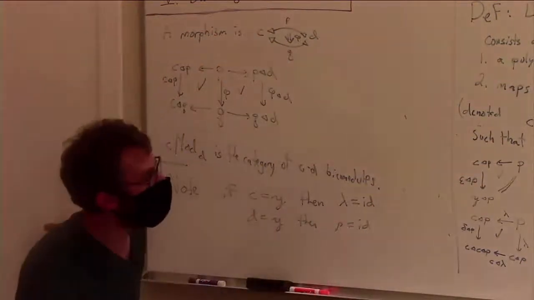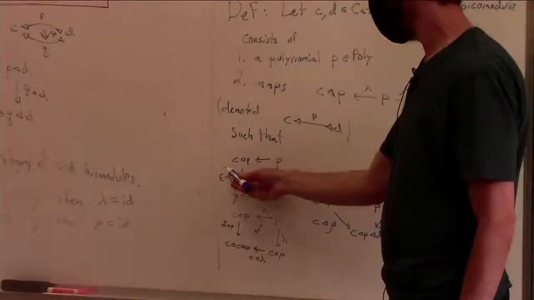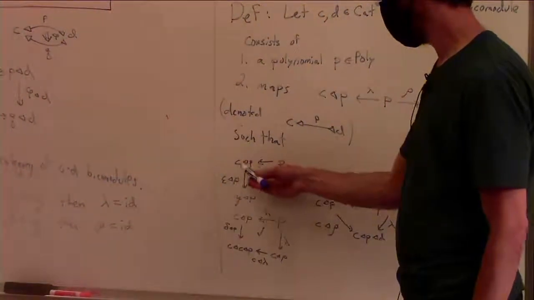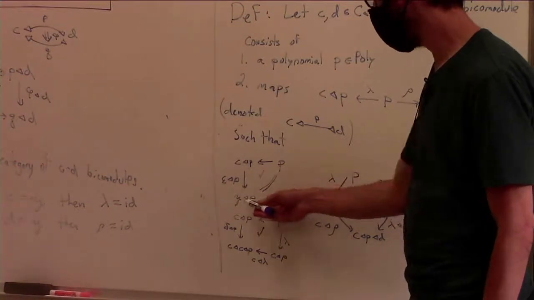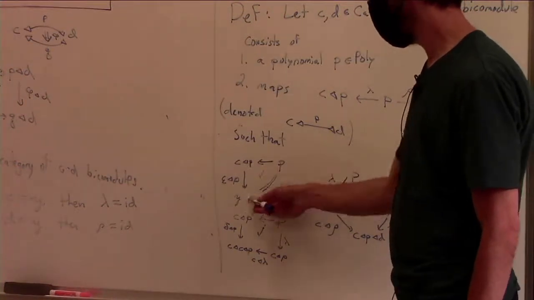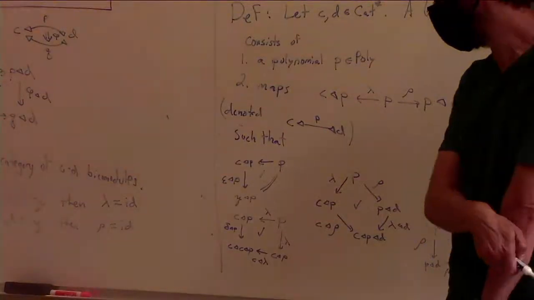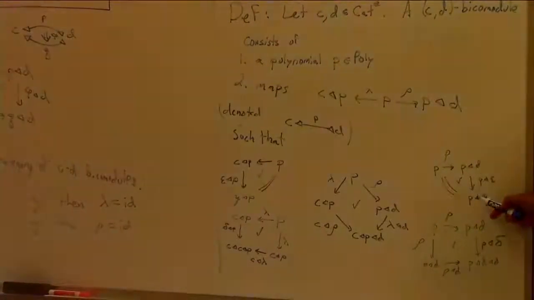And the reason is because if C was just Y here, then the epsilon is the unique map from Y to Y, and so this would be just the identity. So we're basically saying if this is the identity and this is the identity, then you can always check that the third one has to be the identity. And similarly over here. So if I knew that D was Y and this was the identity, I would know that rho was the identity.